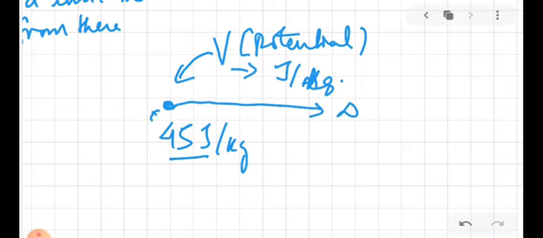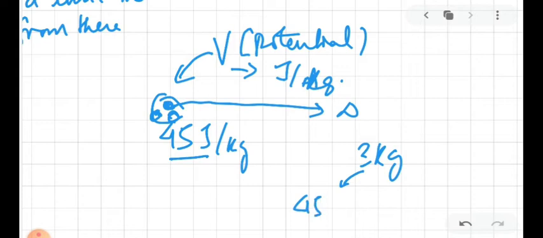What about if you had 3 units of mass? At this point, you had 3 kilograms of substance and you wanted to move it from there to infinity. How would you calculate the energy required? Each kilogram requires 45 joules. So you had 45 joules for 1 kilogram, 45 for the second one, and 45 for the third one.